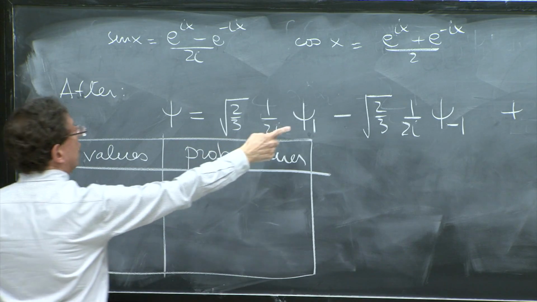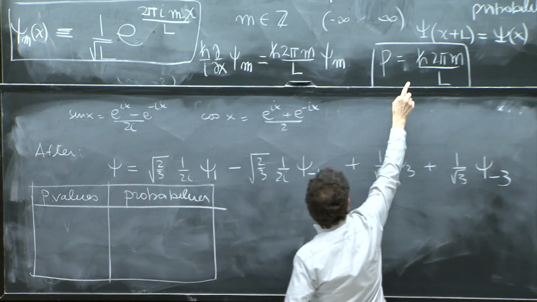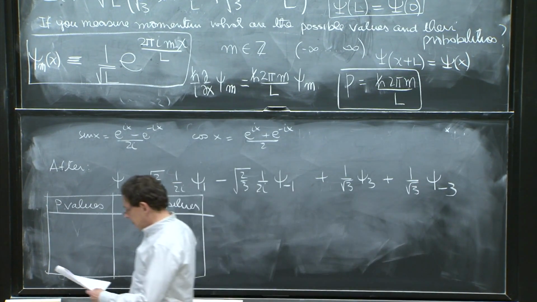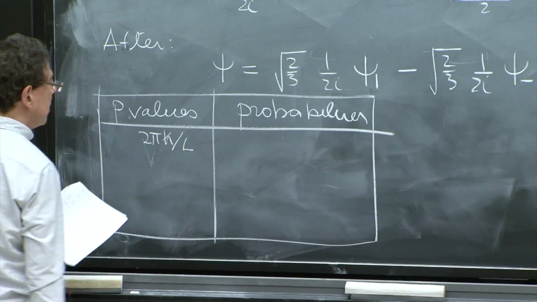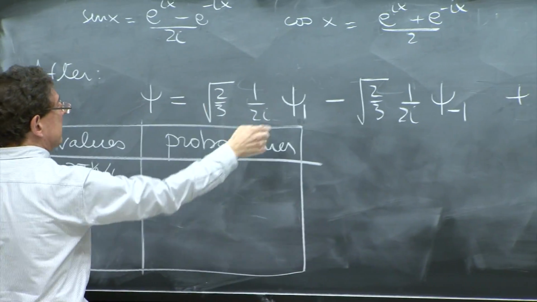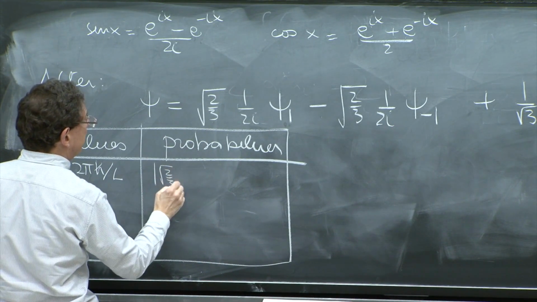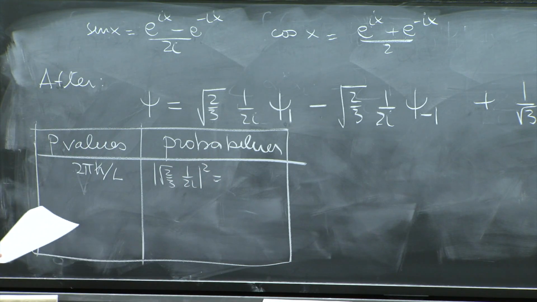The first value of the momentum is 2 pi h bar over L. And its probability is this whole number squared. So square root of 2 over 3, 1 over 2i, squared. So how much is that?